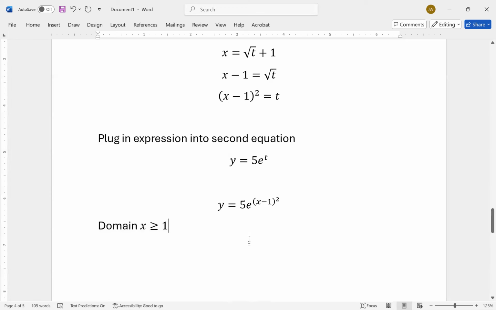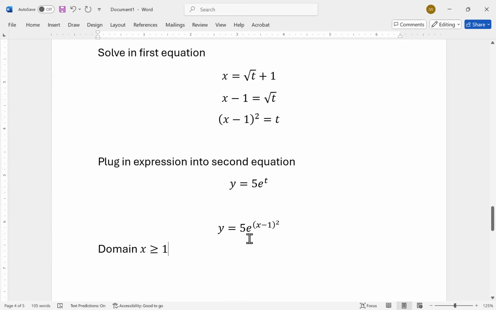That gives me the same graph as my set of parametric equations. Again, x needed to be greater than or equal to 1 since t had to be 0 or higher. Let's graph these and see how this works.